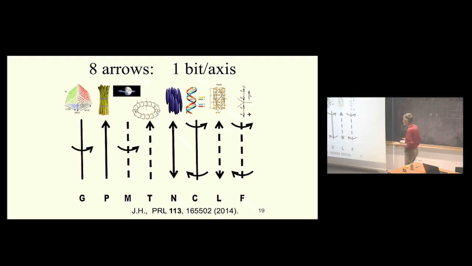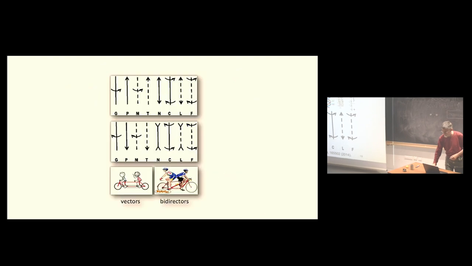And finally, of course, you can have something like the electric toroidal moment, where you would have the left-handed scalar on one side and the right-handed scalar on the other side.